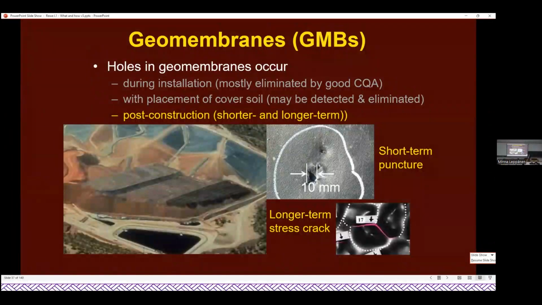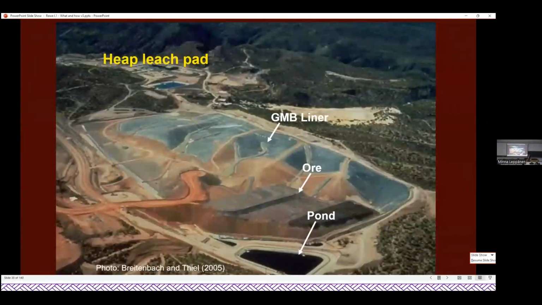In the longer term, they create tensile stresses, and those tensile stresses then become stress cracks or holes. And here we see one particular heap leach application, the geomembrane, with some relatively steep slopes, the ore, and the pond where geomembranes are also used.